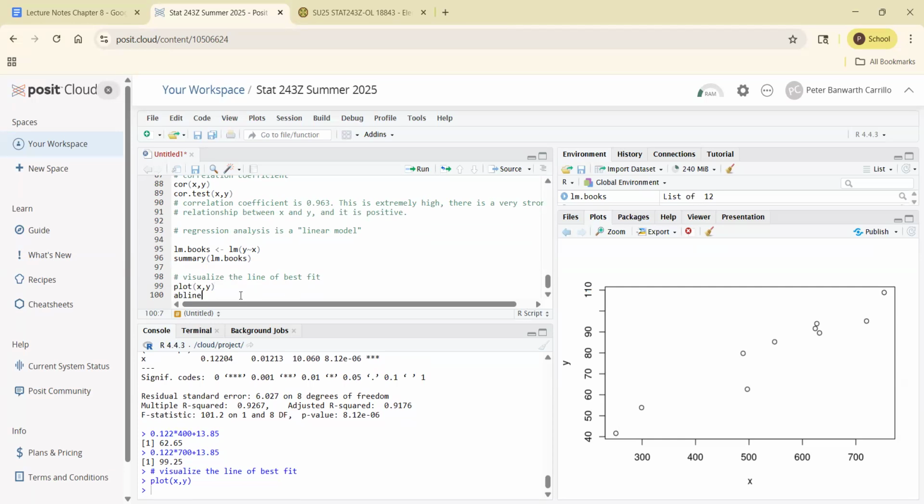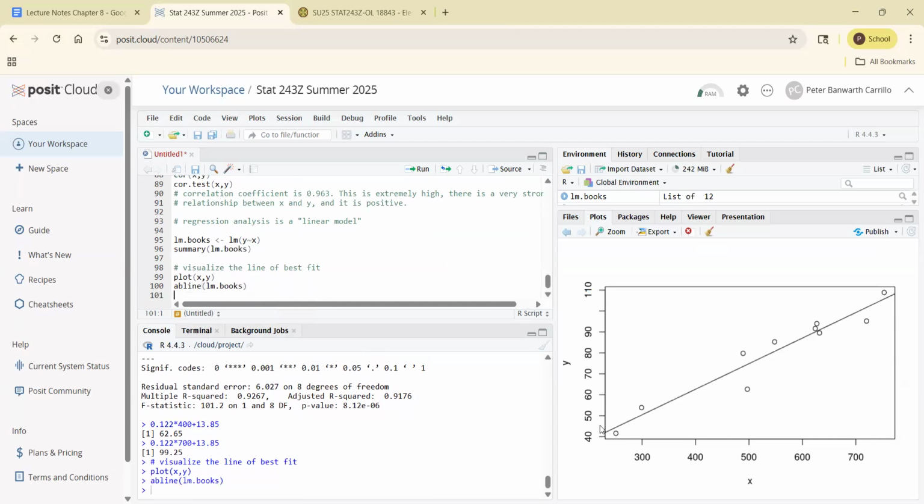And then we just do abline of the model. If you ever want to do this, you're going to be doing this in a lab. The code will be in there for you to do, but that's what it's doing. And it draws that line of best fit right on there.